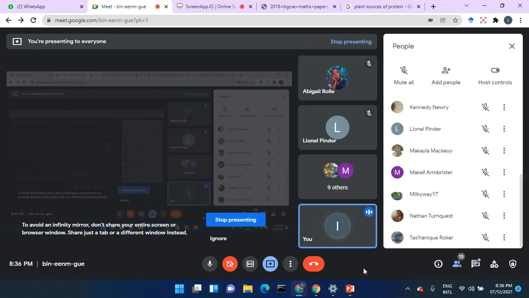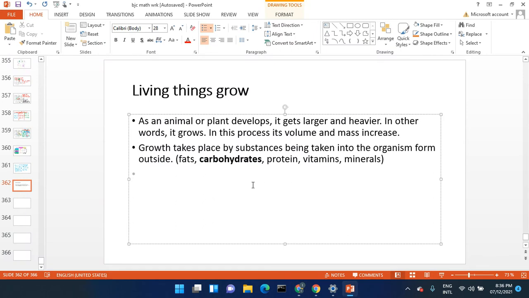Okay. So that's why it's important to eat, so that we are able to take these things in. Next up, these substances.